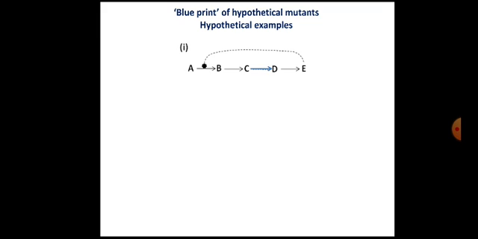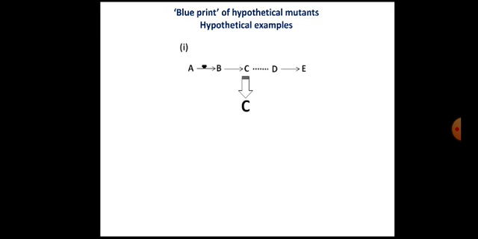So if that is the site of possible mutation, then there are chances of no production of feedback inhibitor or repressor, and if this pathway is blocked here, then it will result in overproduction of this intermediate called C.